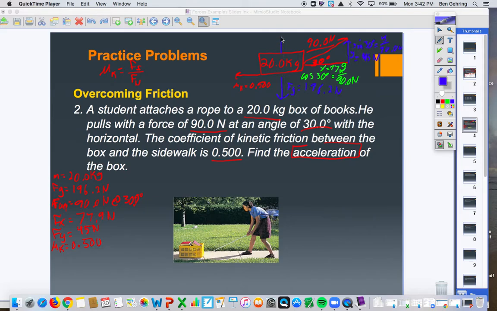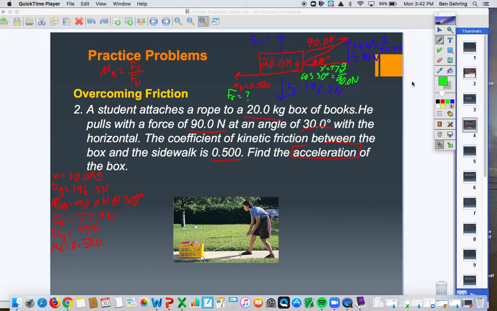So I need this force going up this way. And I also need my frictional force going that way. Okay, so for my normal force, because my box is sliding across the ground, as shown in the picture here, it's not going vertically in any direction.